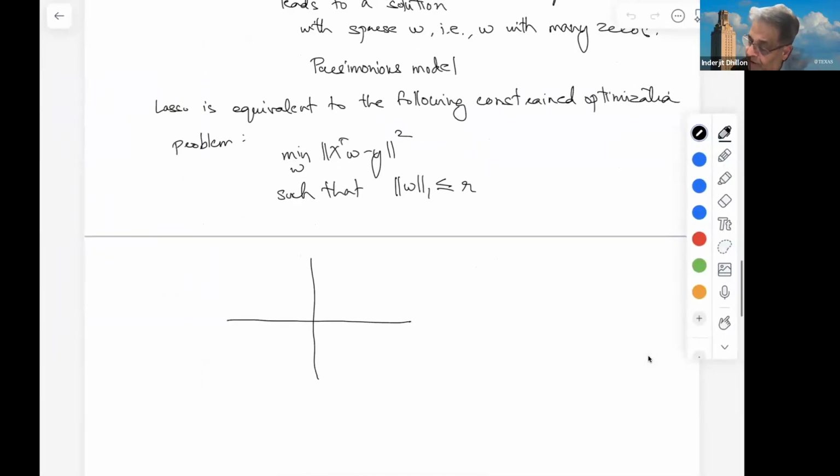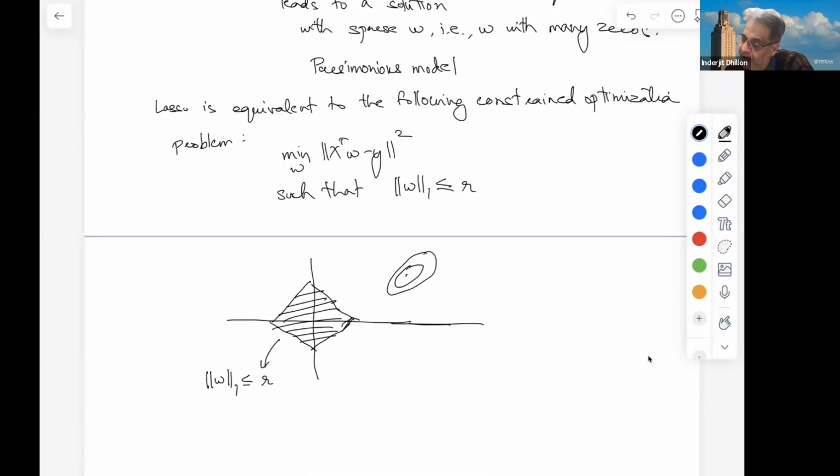Sorry, my drawing is not the best, but this constraint set is going to be the norm of W1 less than or equal to R. Given my data, suppose it's the same problem, I'll get my f of W, and if I draw the level sets of that, it's going to be something like this.